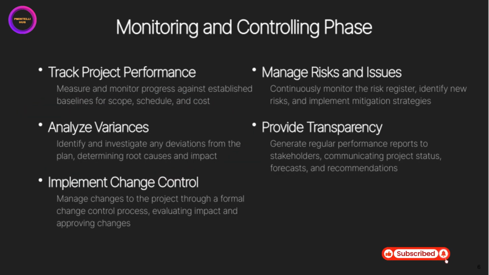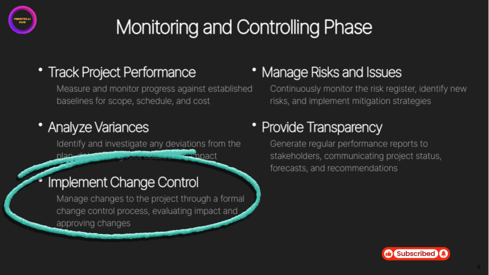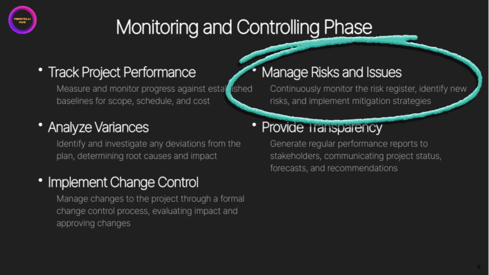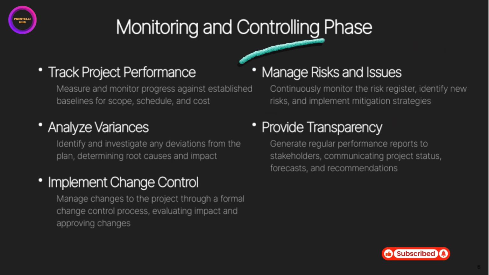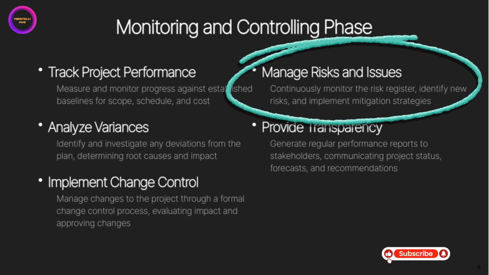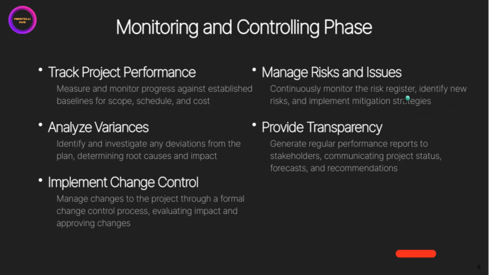Managing changes is also crucial. We handle any requested adjustments through a formal change control process, carefully evaluating their impact and getting approval before moving forward. We also continuously manage risks and issues by keeping a close eye on our risk register, identifying new risks as they emerge, and implementing mitigation strategies to reduce their potential effects.